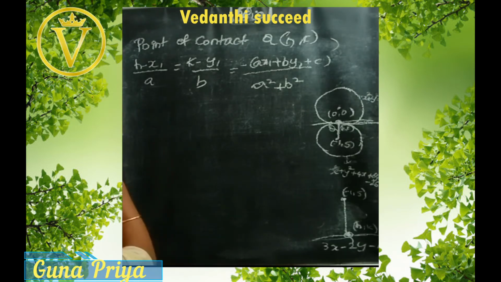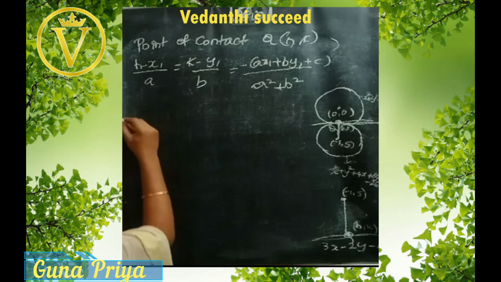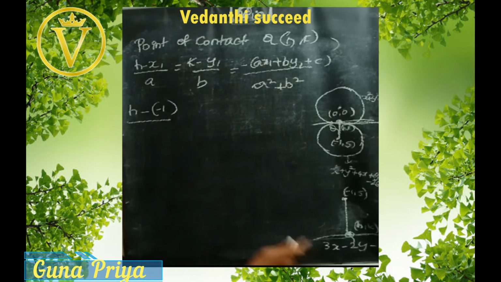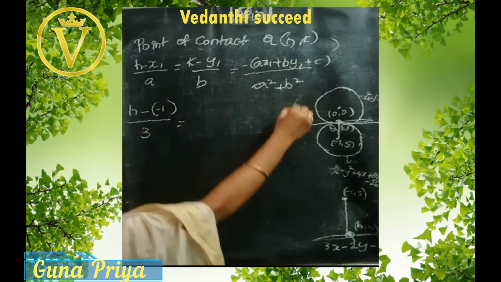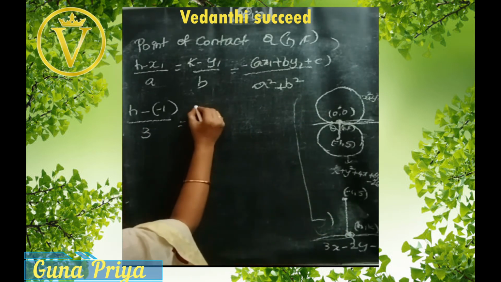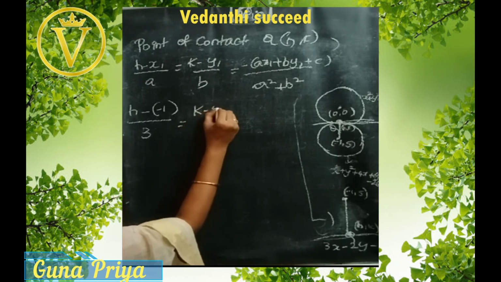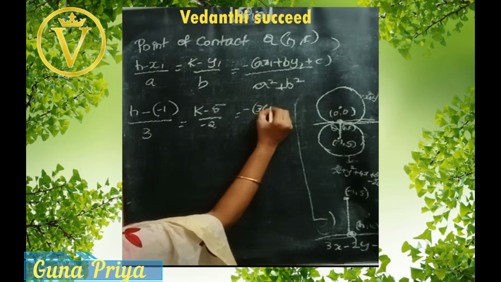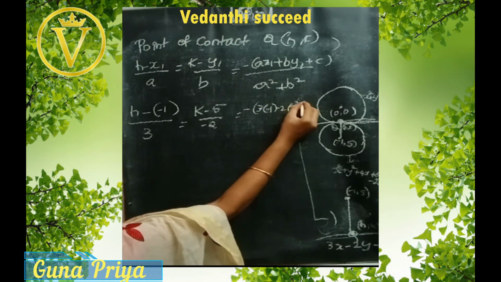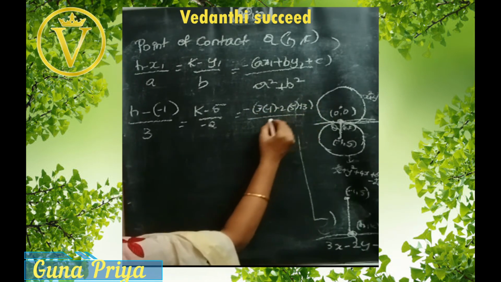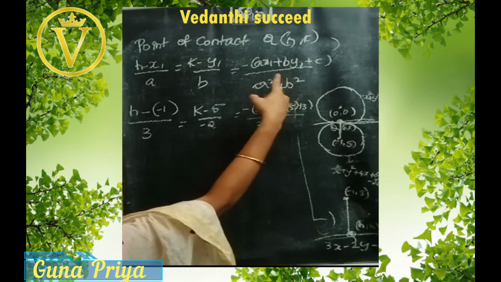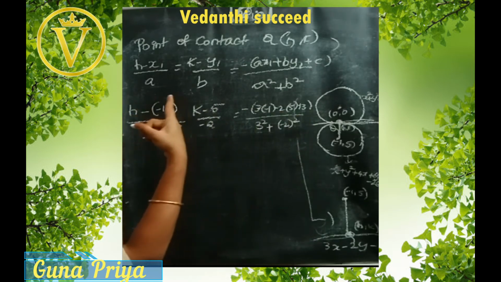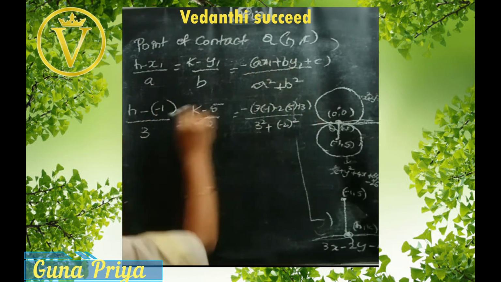Now what we have to find out is that point, h comma k. H minus of minus 1. A here is 3. On that side you have to write this. Don't write mod here. For the d formula there is mod, but for this there is no mod.